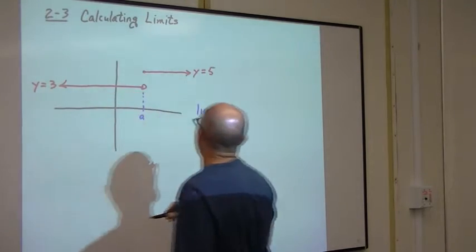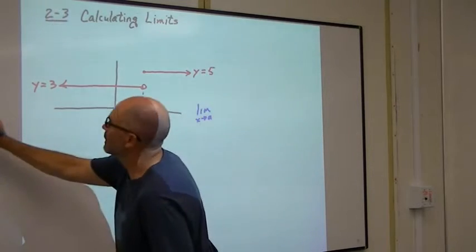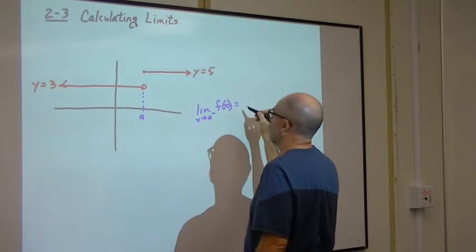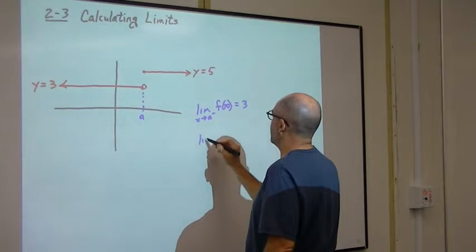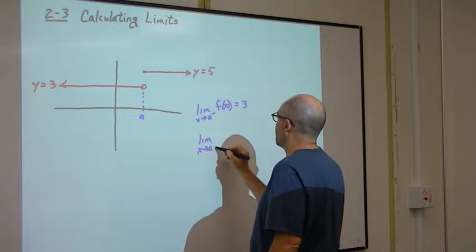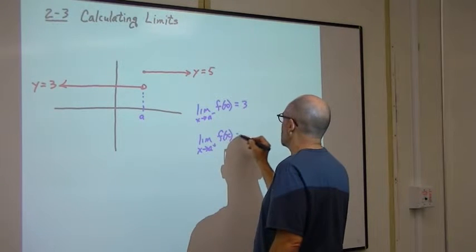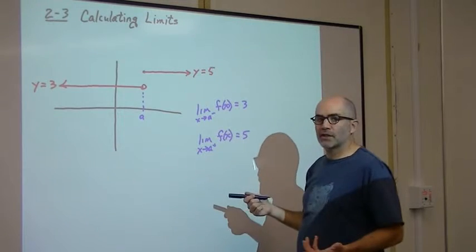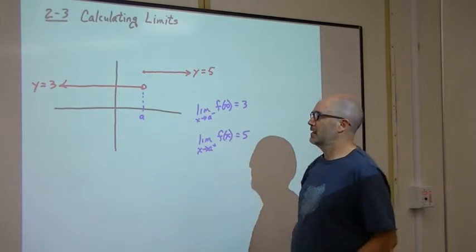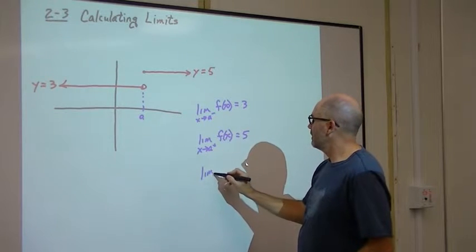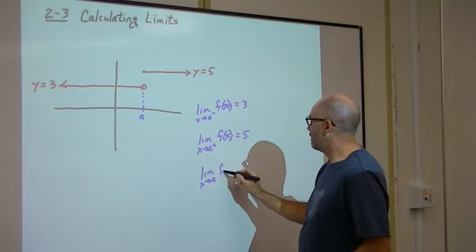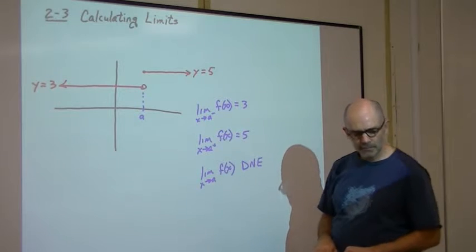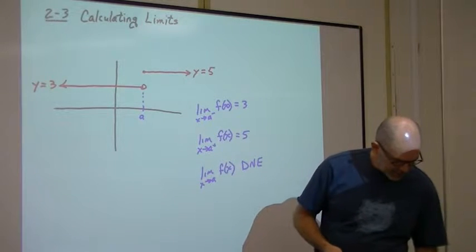Well, the limit as x approaches a from the left is 3. The limit as x approaches a from the right of my function is 5. Well, the left-hand limit and the right-hand limit don't equal each other, so that means there is no limit here. That means the limit as x approaches a of f of x does not exist. Okay, that's a piece of cake.